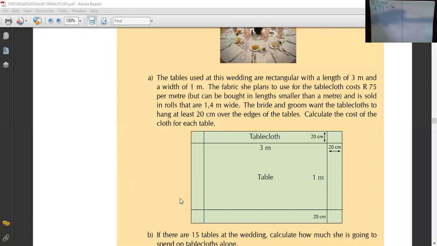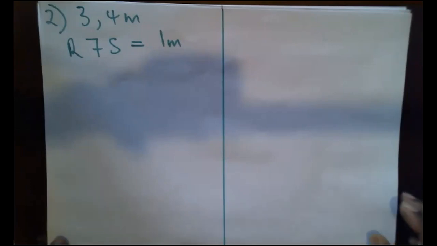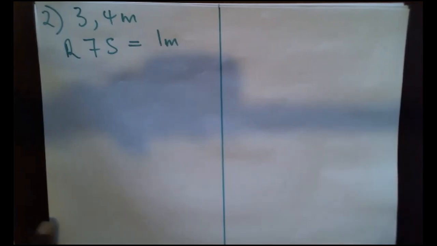Let me show you how we can do this one. We want to buy 3.4 meters for each table.